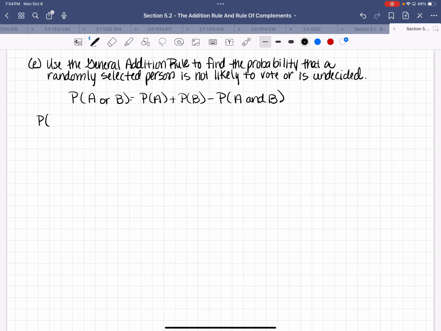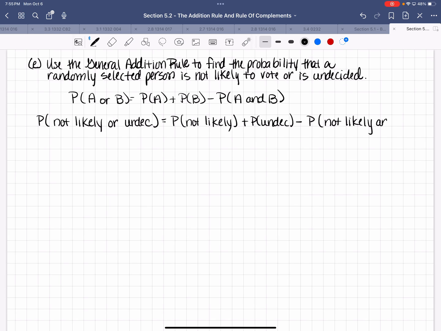So, I'm looking for the probability of not likely or undecided. That is the probability of not likely plus the probability of undecided minus the probability of not likely and undecided.